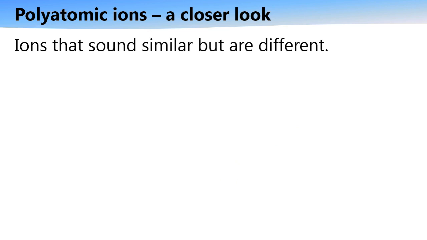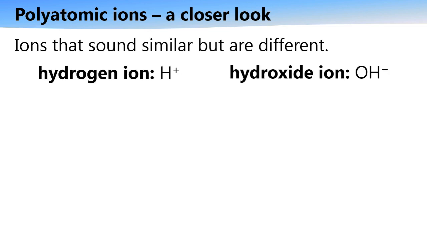We shall now discuss ions that sound similar but are actually different. Example, hydrogen ion and hydroxide ion. Hydrogen ion is just H+. Hydroxide ion, from the name hydroxide, is hydrogen and oxygen attached together. It has a charge of -1. We have the nitrite ion, which comes from the nitrogen atom.